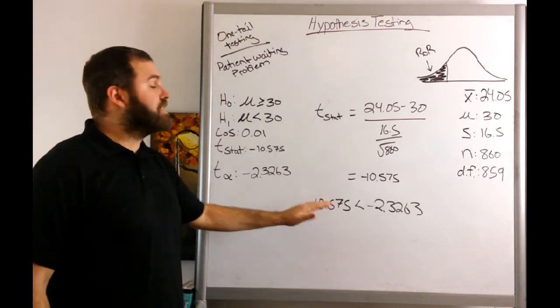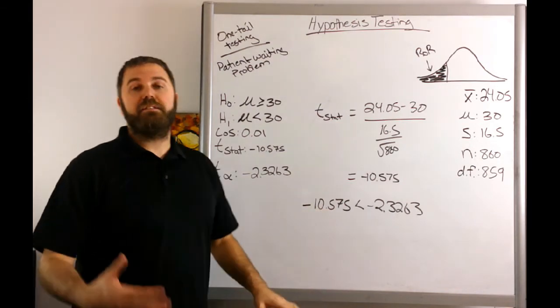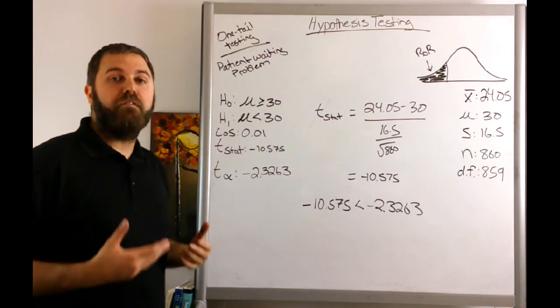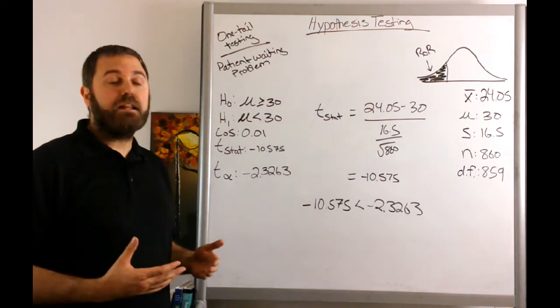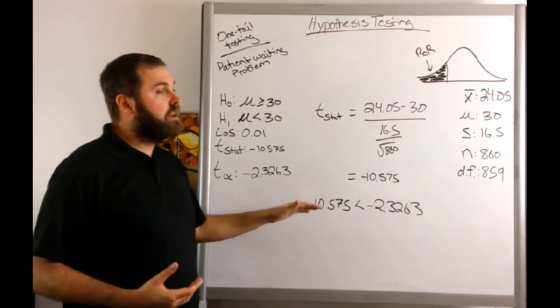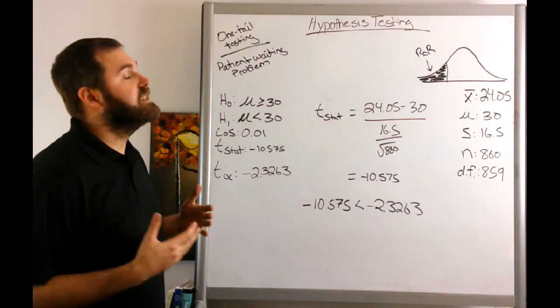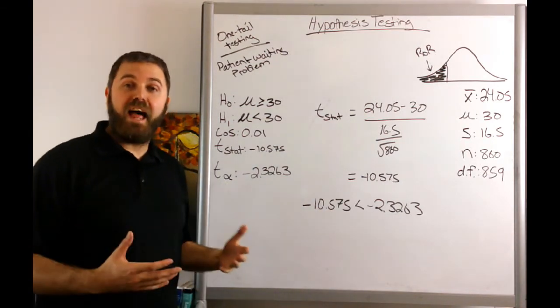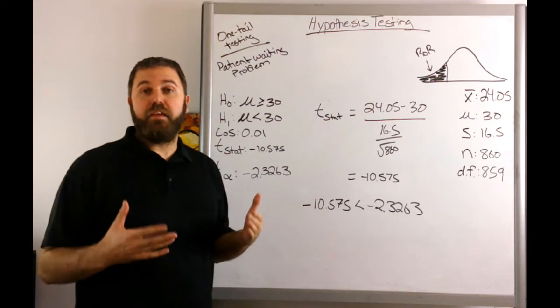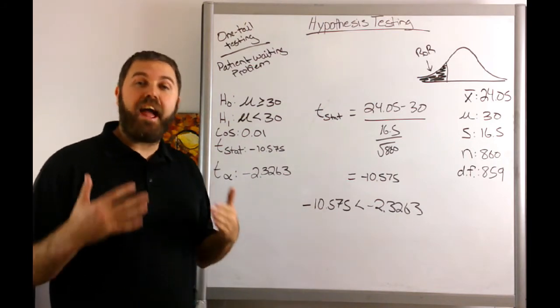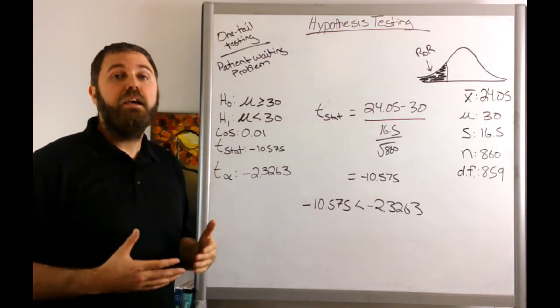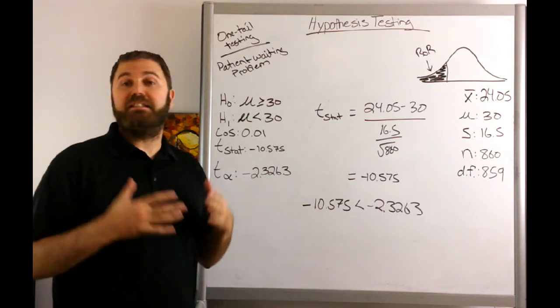Since we rejected H0, this is saying that the probability of us actually getting a sample mean of 24.05 or less, if the population mean is actually 30, is practically zero.